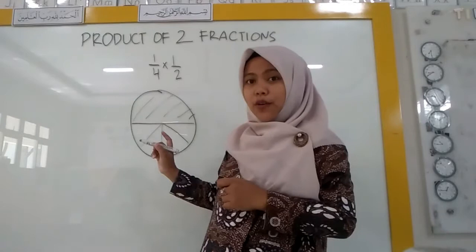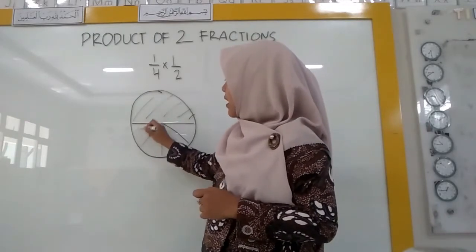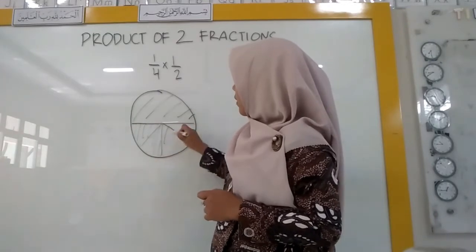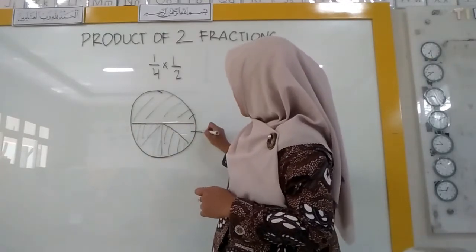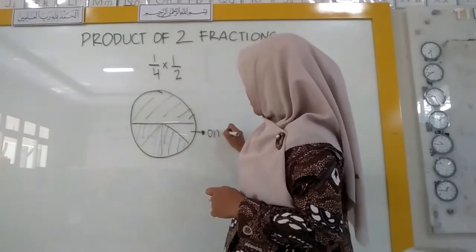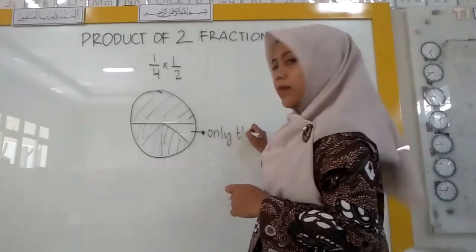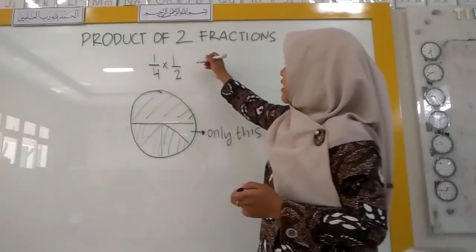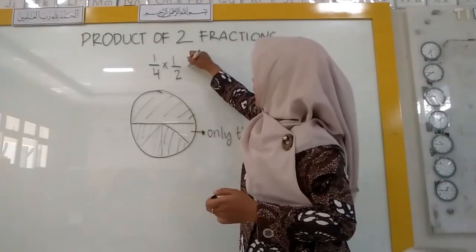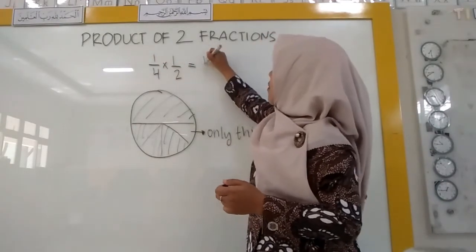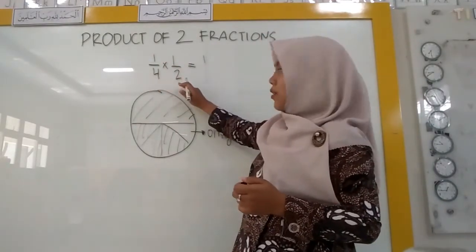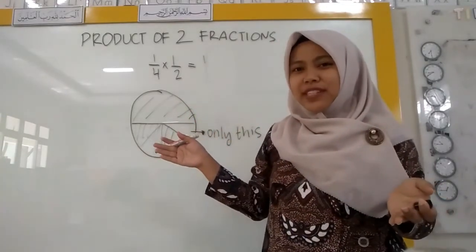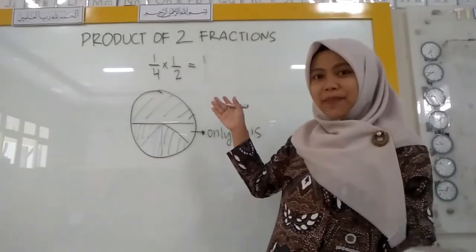So 1/4 of a half is only this one. So if you want to find this, this is how to multiply. 1 times 1 is 1. The denominators are different, so we are not going to make them the same anymore, but let's just keep it like this.